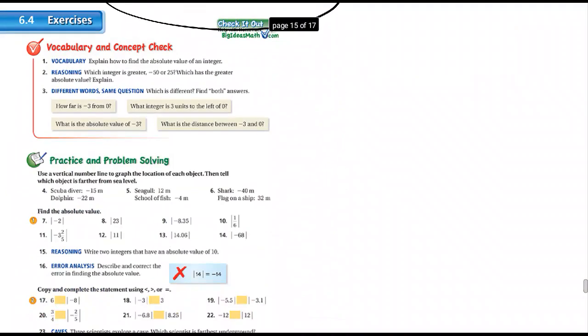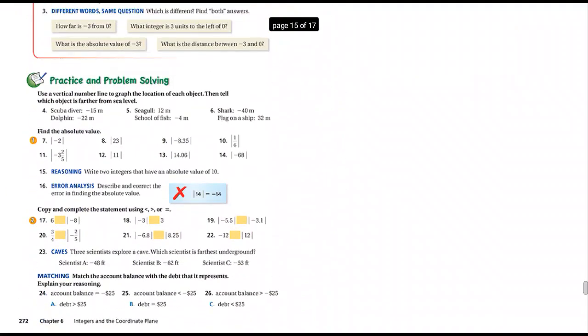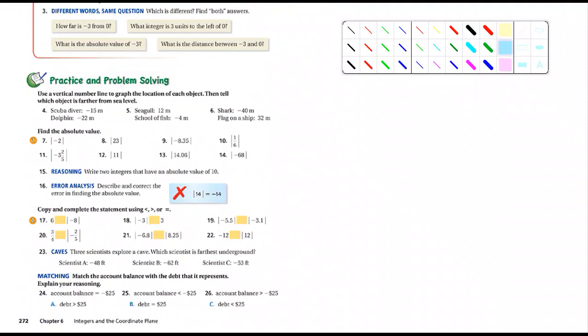All right, so here we go. I'm just going to assign some problems here. 7, 8, 9. I'll say it again, these are pathetically easy.